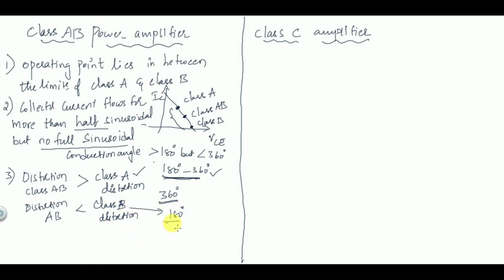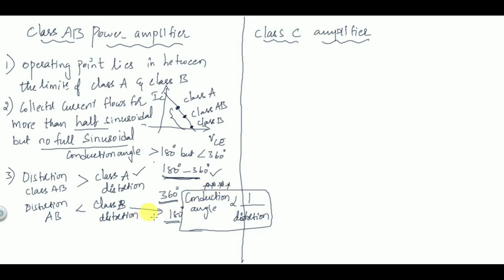The lesser the conduction angle, the more is the distortion; the more the conduction angle, the less is the distortion. So we can deduce this formula: conduction angle is inversely proportional to distortion in power amplifiers. Just remember this, then the comparison can be done very easily.